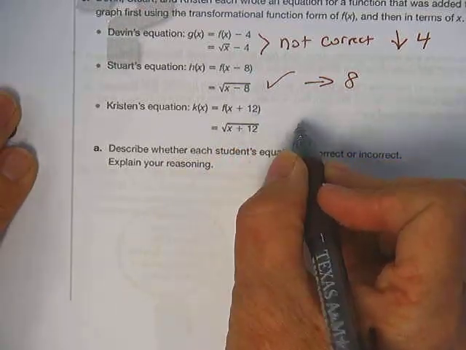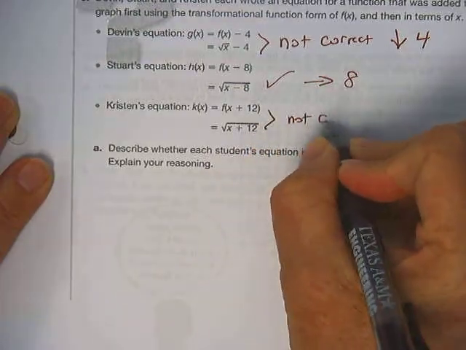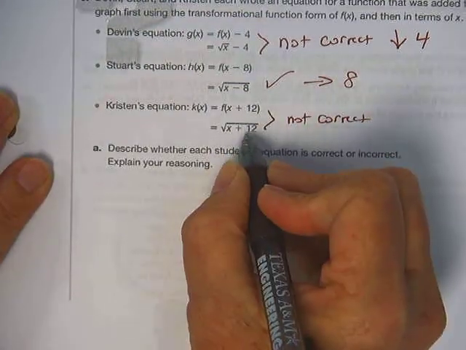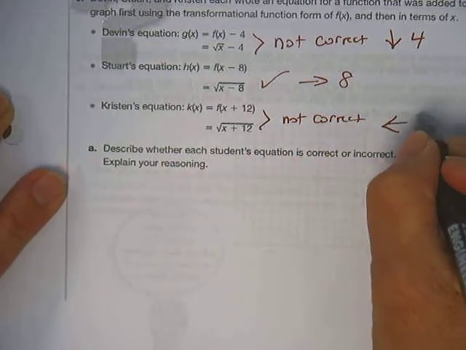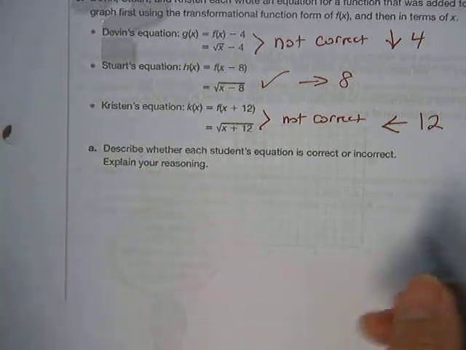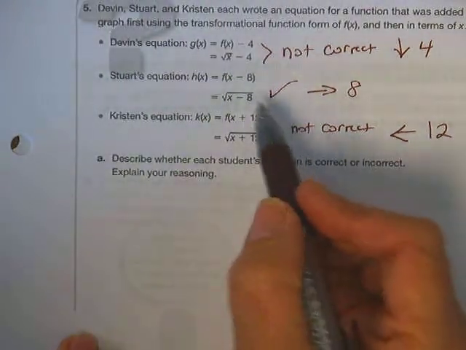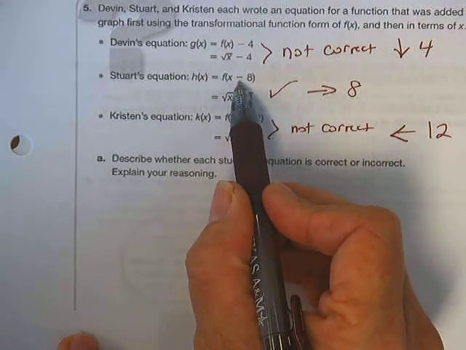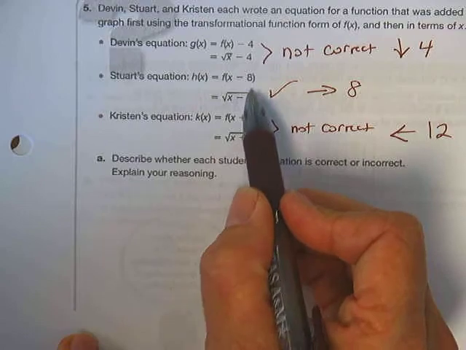Well, it certainly moved over 12, but this is not correct, because if the equation says plus 12, it has actually moved left 12, which is not correct. Okay. So again, we needed horizontal translations to be inside the function, but if we move to the right, the c value is positive, so the equation is negative.